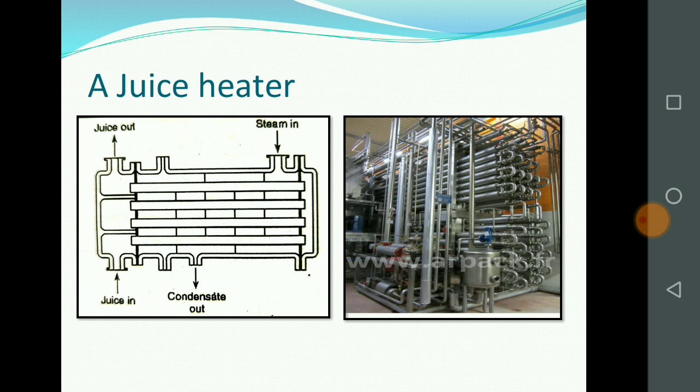The juice is heated to near boiling. Heating helps in rapid coagulation of proteins and accelerates the settling process. The hot juice is then sent to settling tanks known as clarifiers.